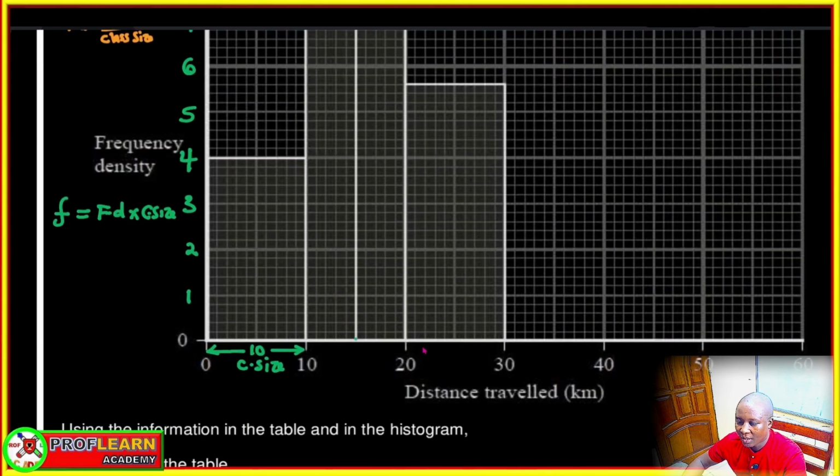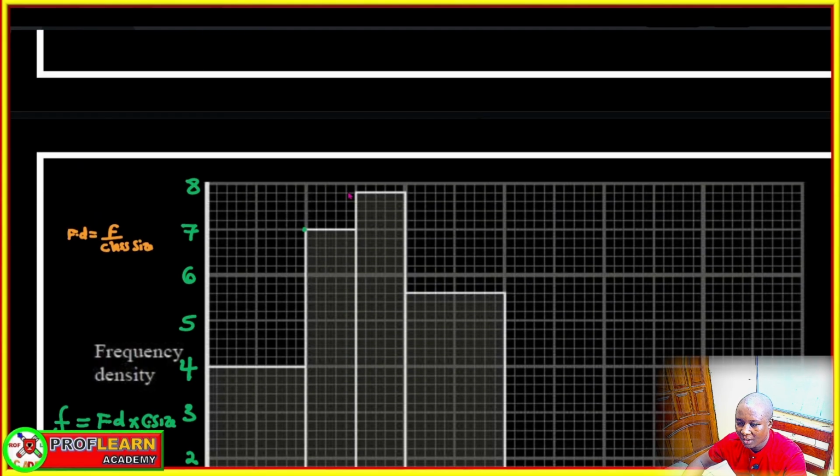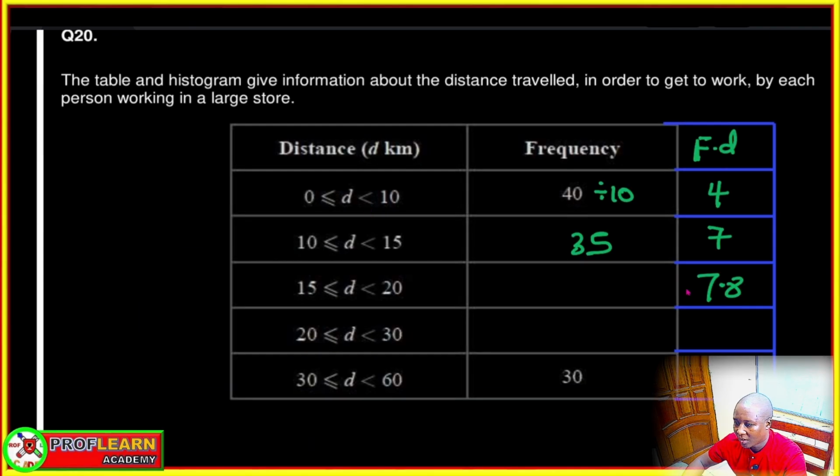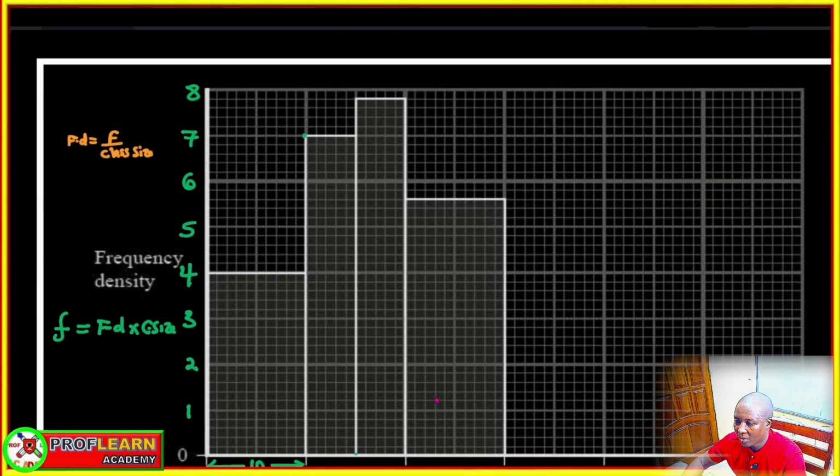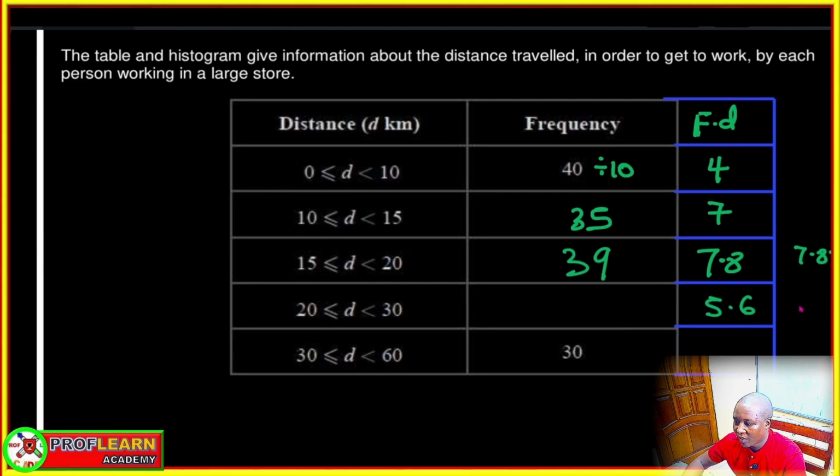Here the class size is 5 as well. Check the frequency density there, around 7.8. 7.8 times 5 is going to give us 39. That is the frequency. Now let's go here. Here the frequency density is 5.6.